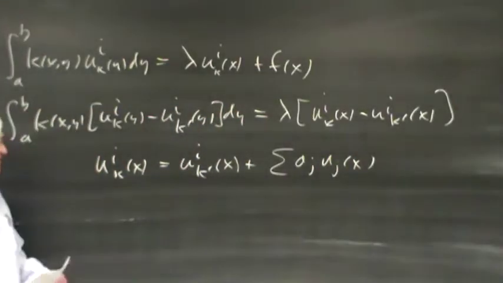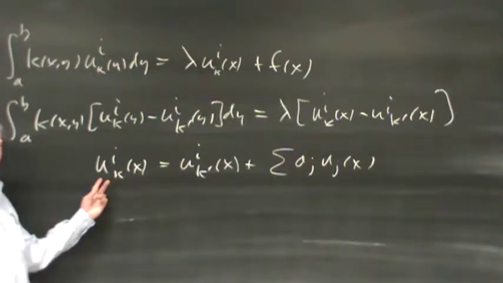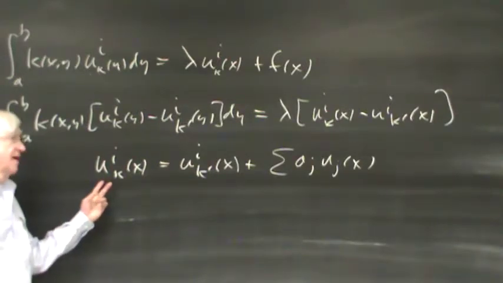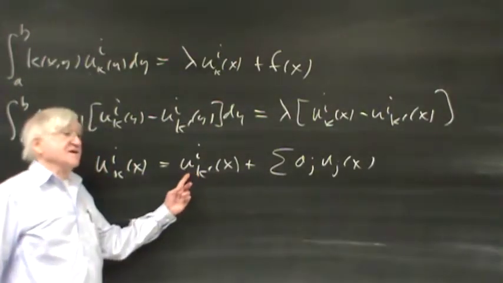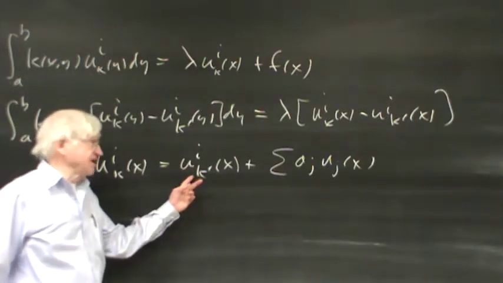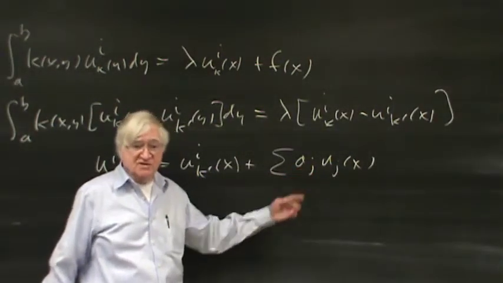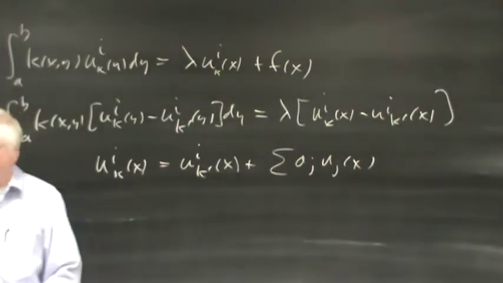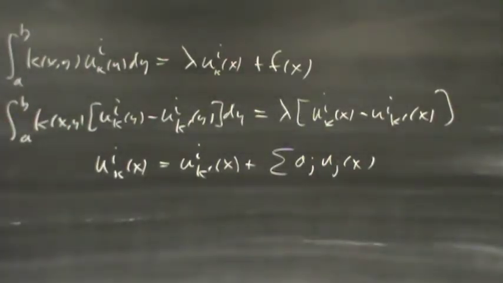And this tells you then the most general solution of the inhomogeneous Fredholm equation of the second kind is a particular solution of the inhomogeneous plus the general solution of the homogeneous, which is an echo of what we learned with differential equations.